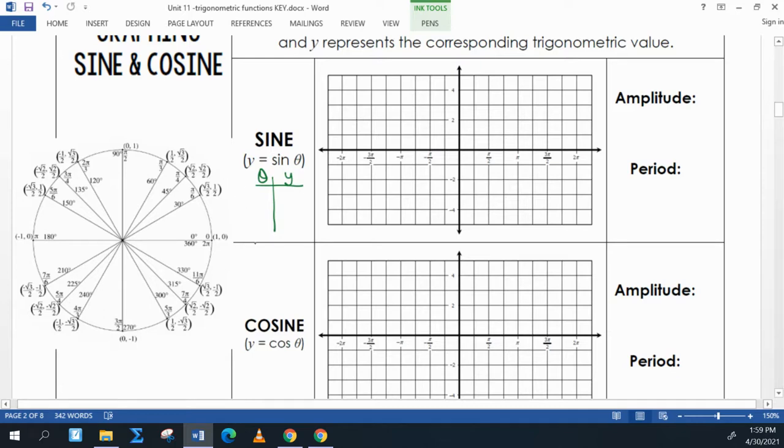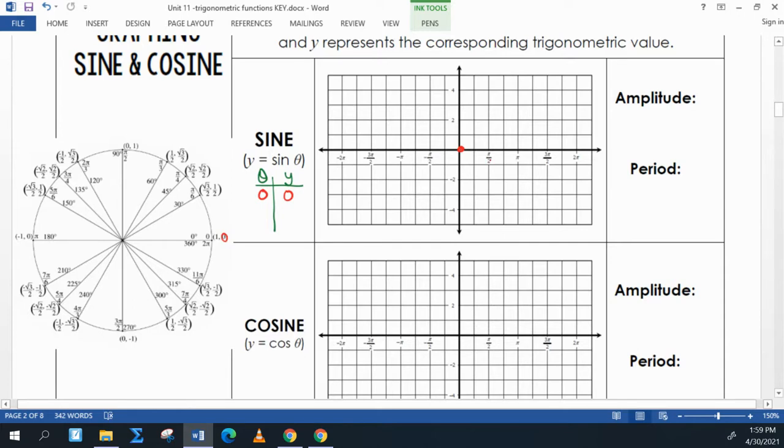Say we want to start at 0. That's our x interval 0. When we're looking for the sine of 0, that's our y value. So the sine of 0 is also 0. So (0, 0) is a point on our graph.